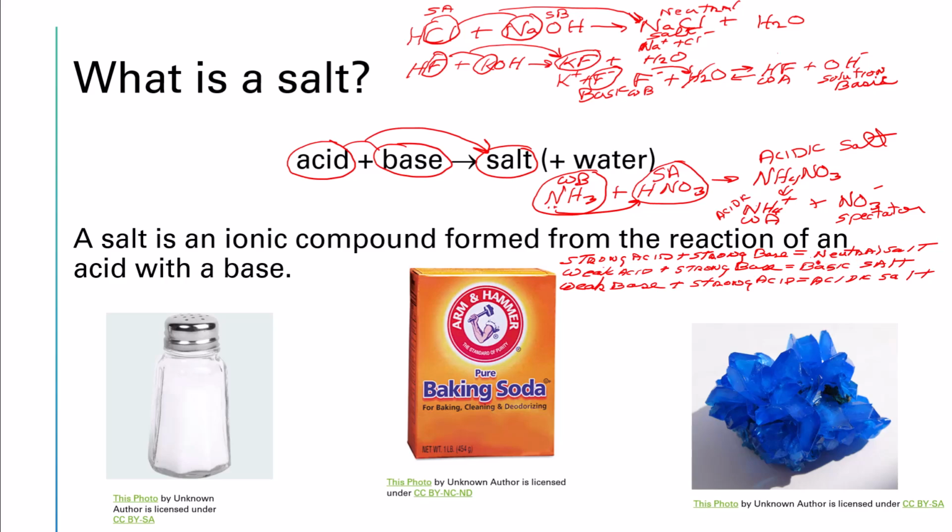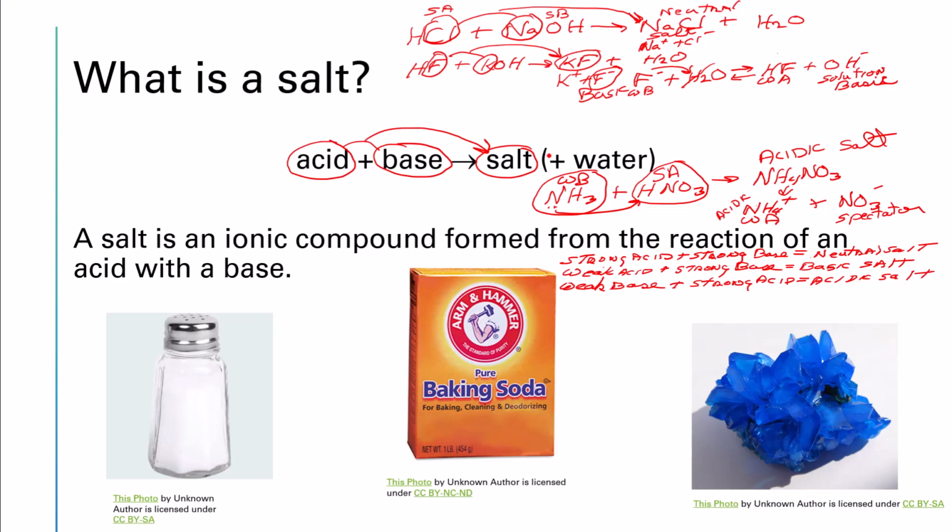Again, look at the cation. Is the cation from a strong base? Is the anion from a weak acid? If that's the case, the anion from the weak acid will make the solution basic. So weak acid plus strong base, basic salt. And we can go the other way. With a strong acid added to a weak base, we get an acidic salt.